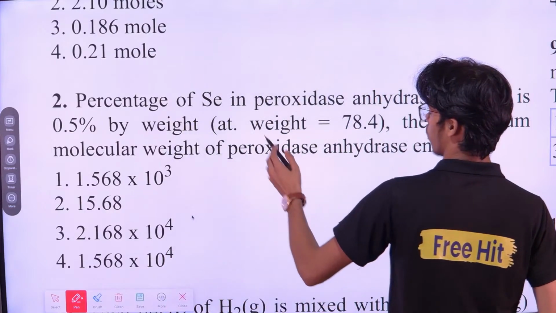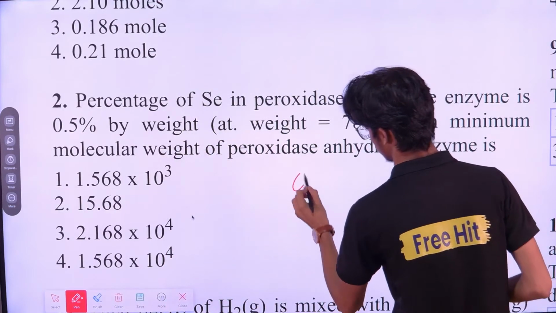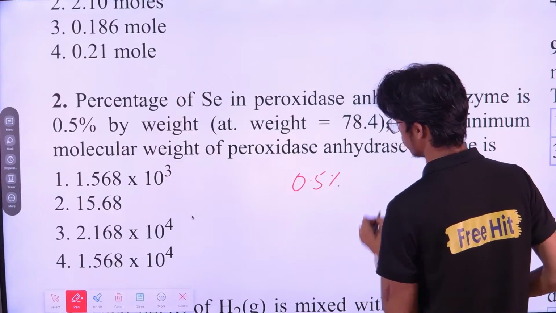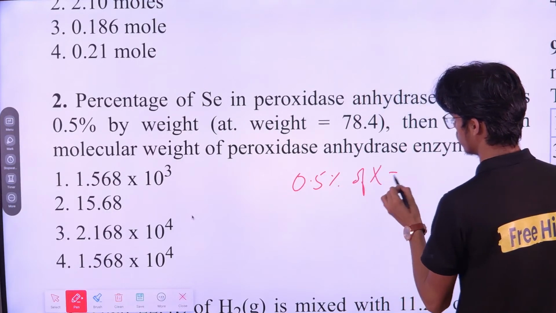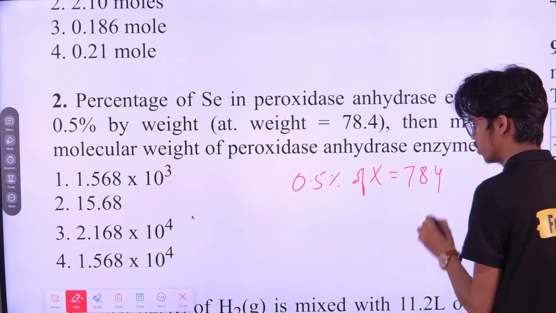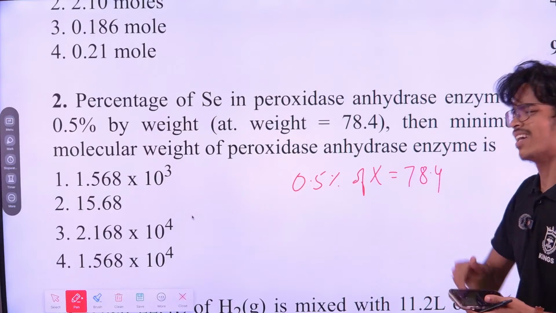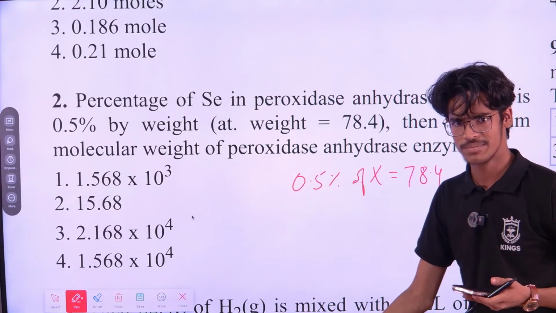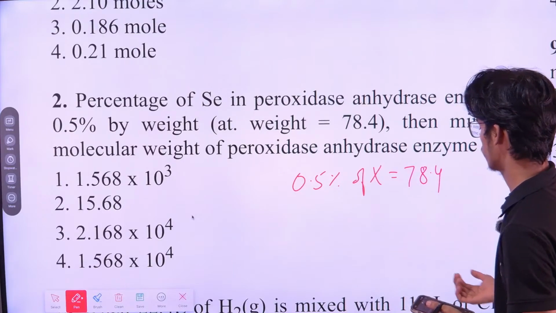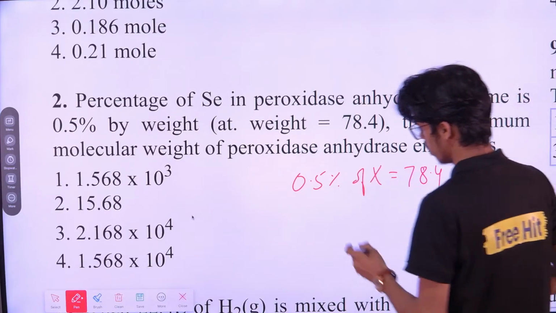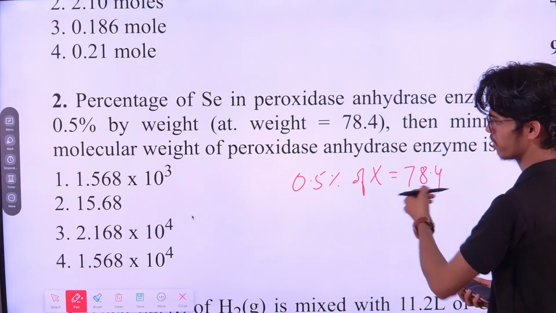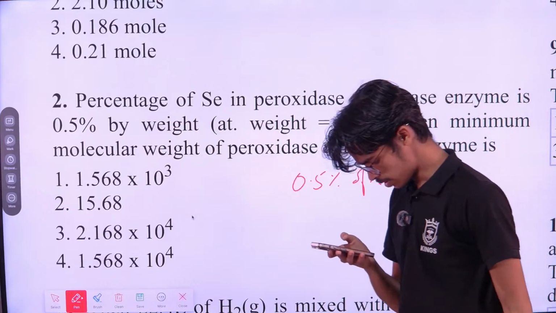Now, 0.5 weight percentage of X is what? 78.4. We can assume minimum weight. There can be more selenium atoms, but we are assuming the minimum. So minimum weight is this. Now see, 0.5%, how can we calculate 0.5%? Tell me.